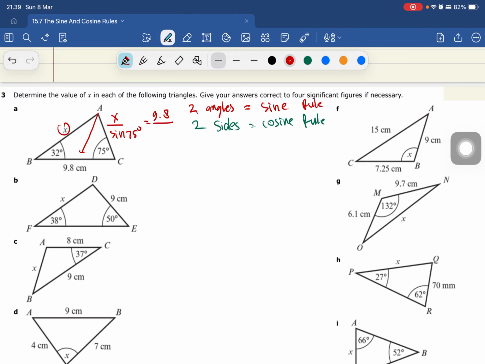The total of a triangle is 180, so we do 180 minus 32 minus 75, so it's going to be sine 73 degrees. So x equals 9.8 divided by sine 73 degrees multiplied with sine 75 degrees. Please use a calculator, then you will get the answer of 9.899 centimeters.